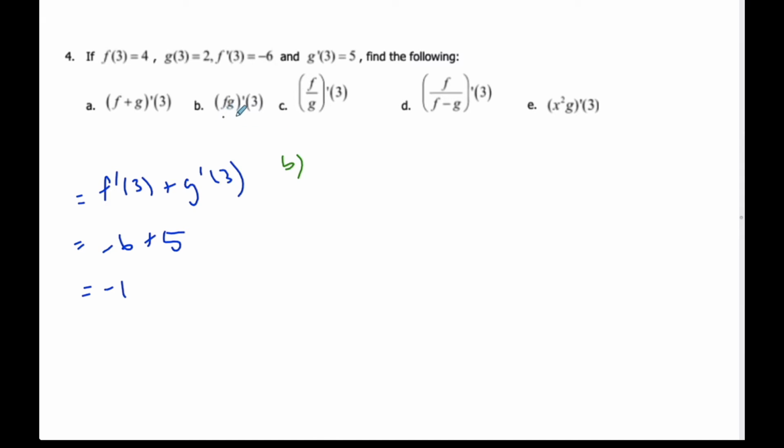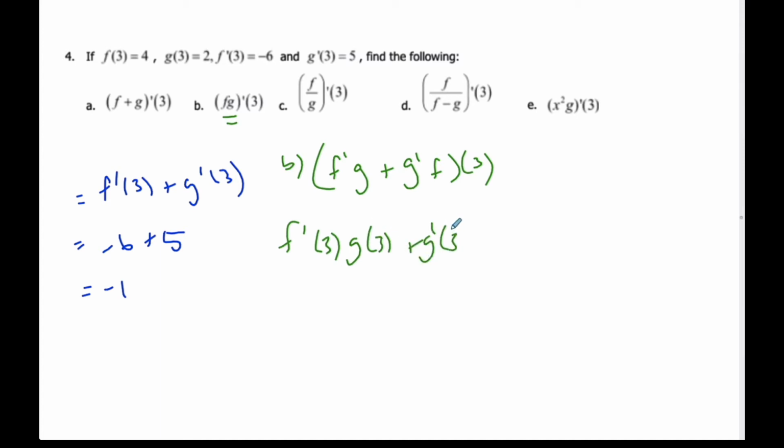Well, here I can clearly see there's a product. And if I want my derivative, I know I'm going to take the first derivative times the second one untouched, plus the first one untouched times the derivative of g. I'm going to do that at 3. And so it's going to be f prime at 3, g at 3 plus g prime at 3, f at 3.